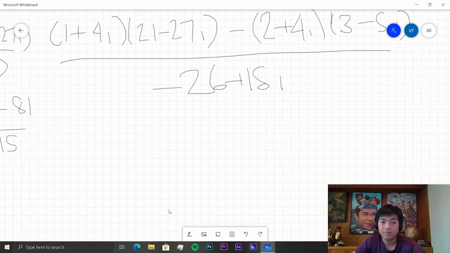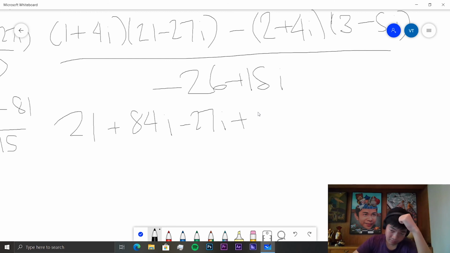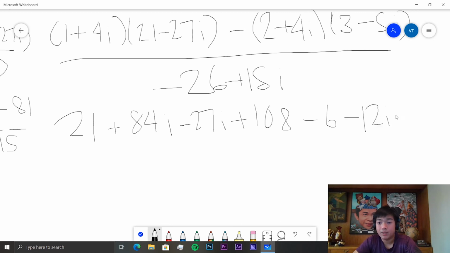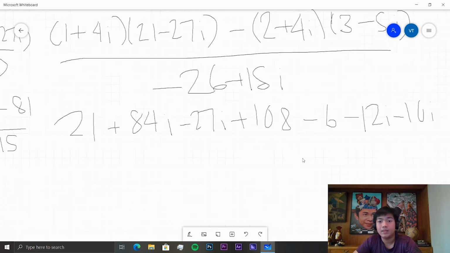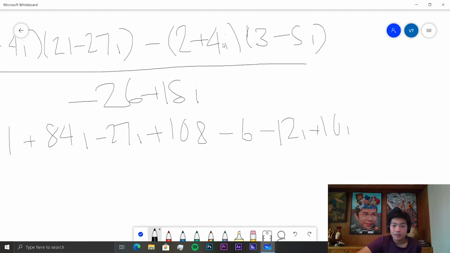So what would this be? Well, this would be 1 times 21, 21 plus 84i minus 27i plus 27 times 4 is 108 minus 6 minus 12i plus 10i minus 20.